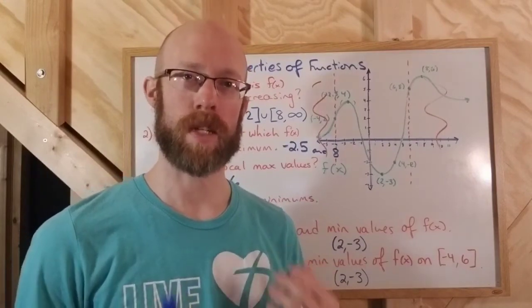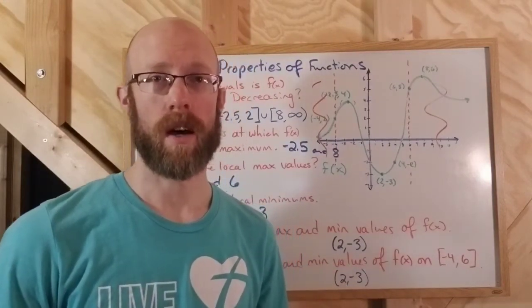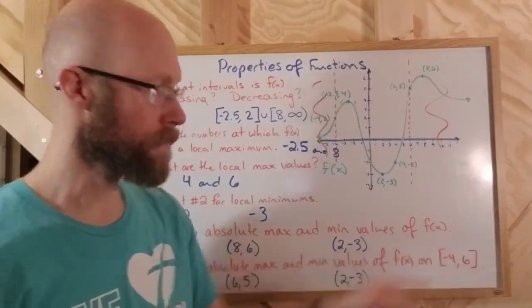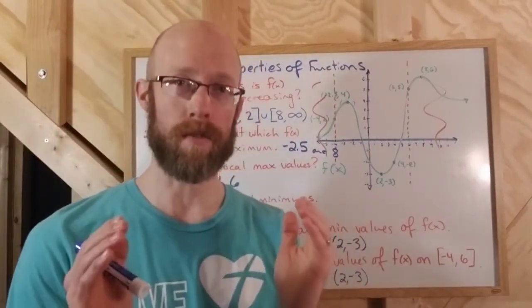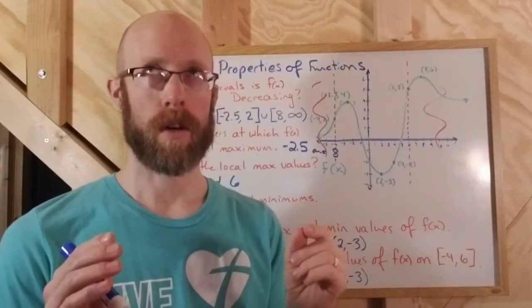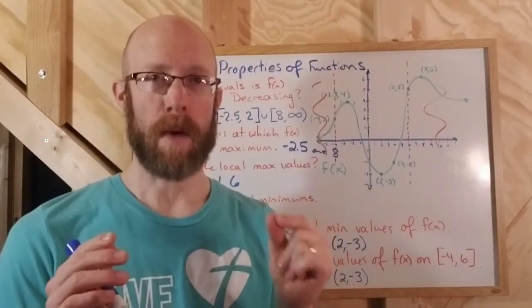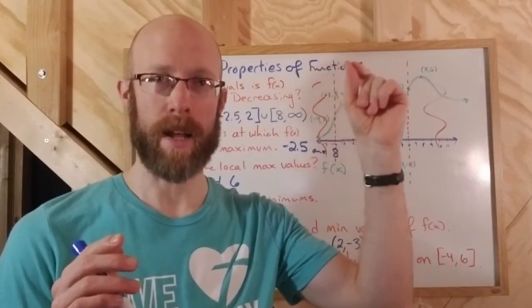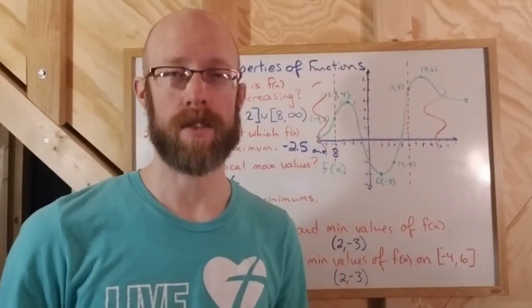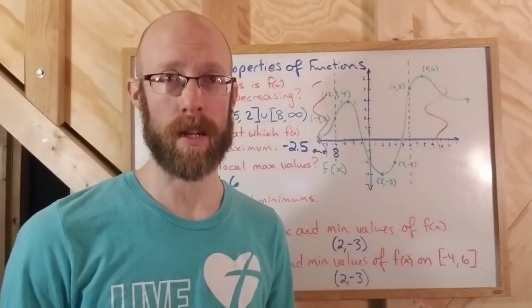And so there is the potential that you don't have an absolute max or min on the graph, or on an interval, if that interval is an open interval. If the maximum or minimum would be on an endpoint, but that endpoint's not included, then you could have a situation where there is no max or min.